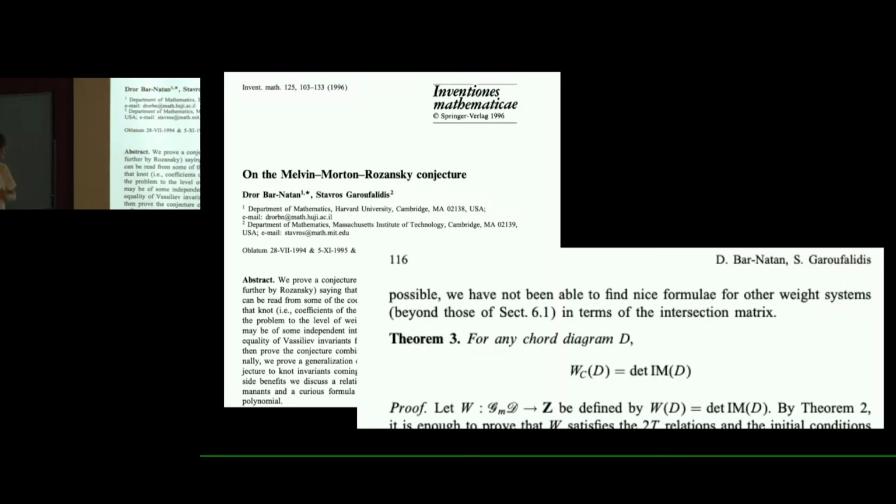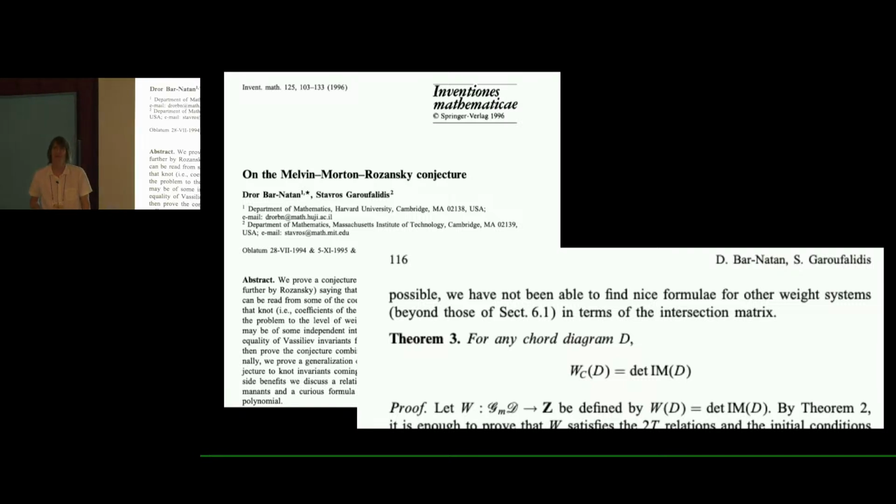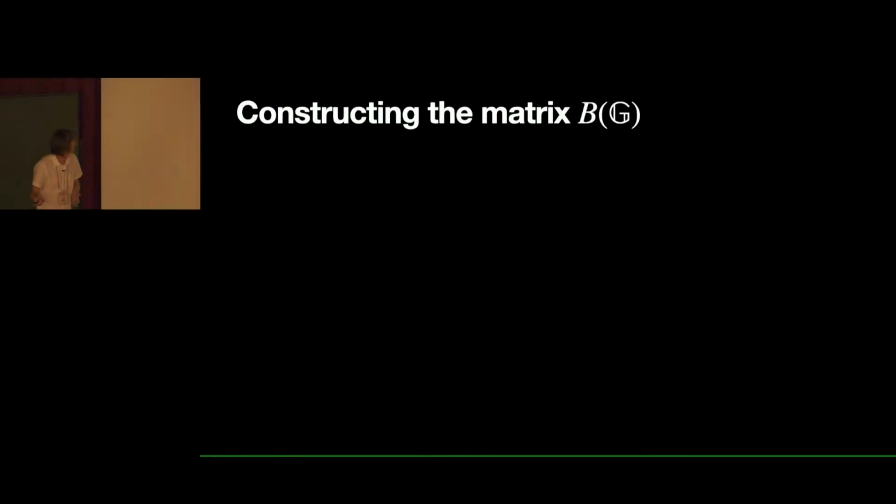One of the main technical results in there is this theorem, and it relates the GLN weight system to the determinant of some matrix. And what I'm able to do is just translate from this language of weight systems, whatever they are, to embedded graphs. And this gives me exactly the matrix I want.